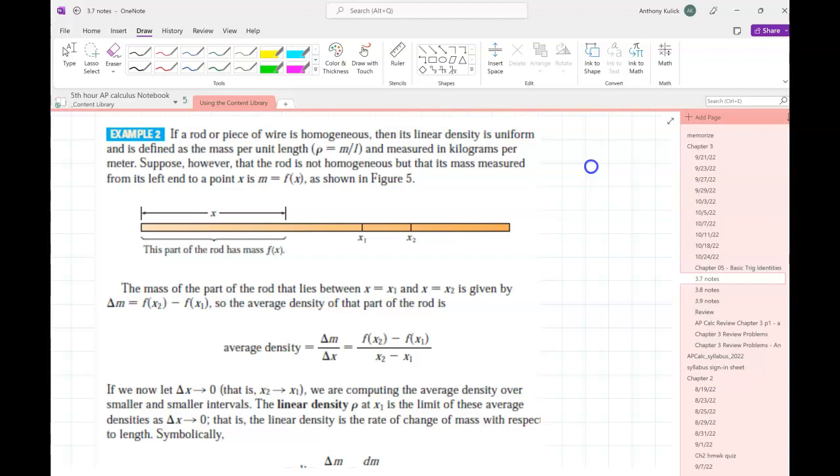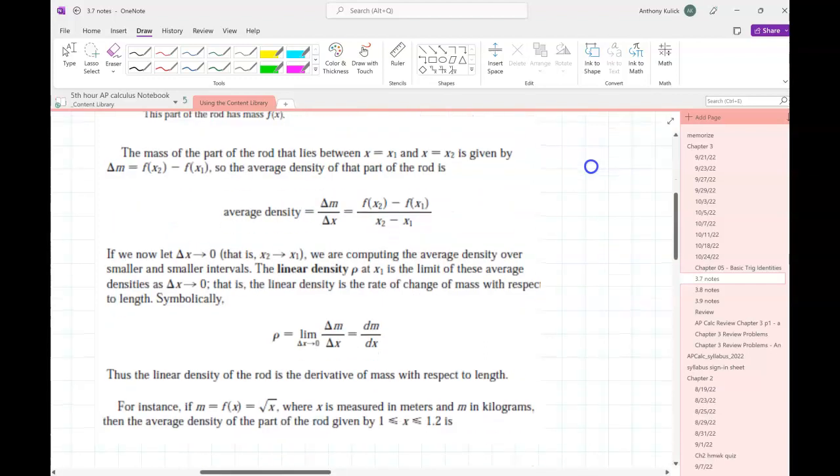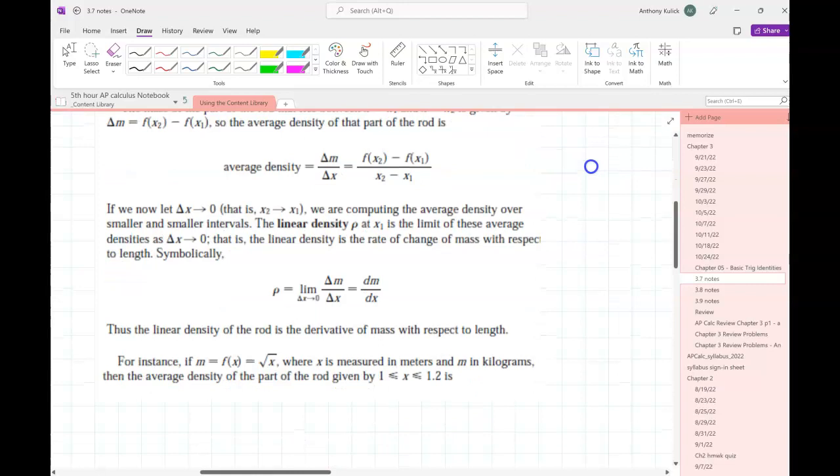The linear density at x1 is the limit as delta x approaches 0, which will be the derivative of m with respect to x, right? That's just our definition of a derivative. It's okay. Thus, the linear density of the rod is the derivative of mass with respect to length, okay?